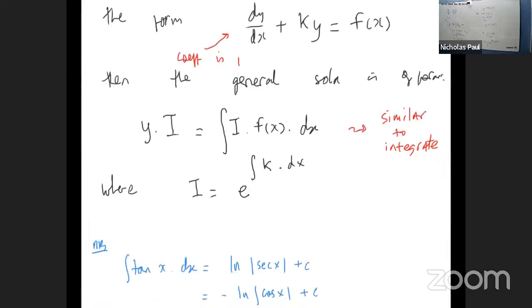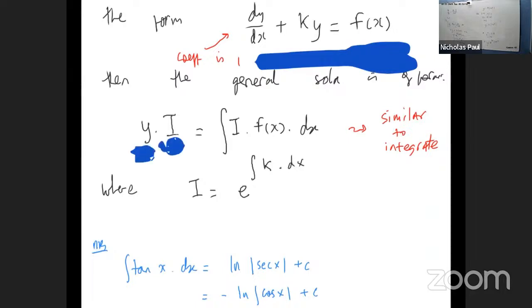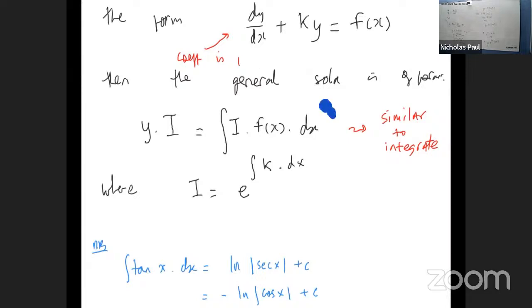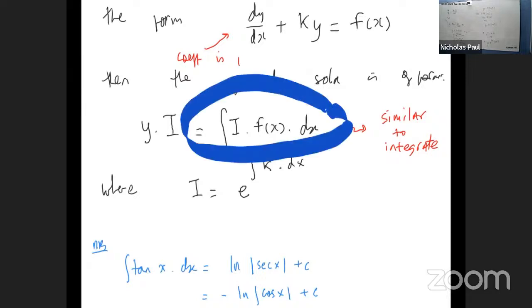The general solution for a differential equation that looks like the one on top is y times I is equal to the integral of I times f of x, where I is equal to e to the integral of P(x) dx. And then you would recognize that once you work out I properly, this integral is really easy to work out.